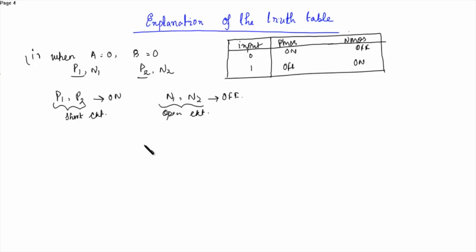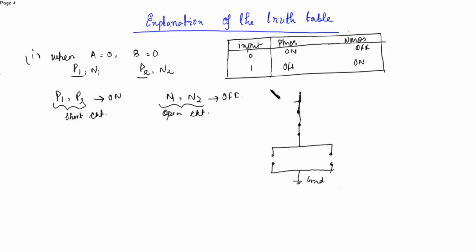So the P1 and P2, they are placed in series. Since they are short circuited, you can see short circuited P1 and short circuited P2, and open circuited N1 and open circuited N2.